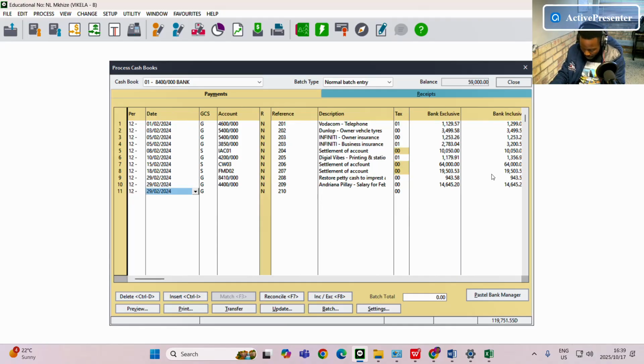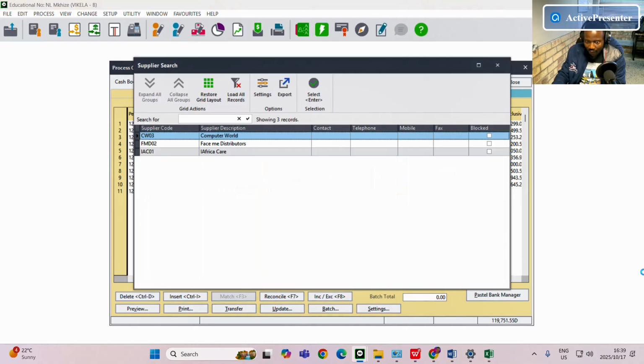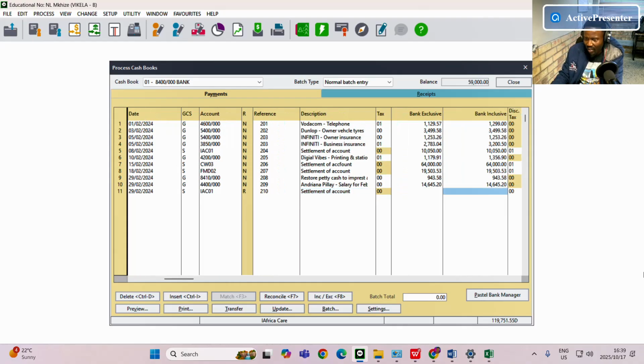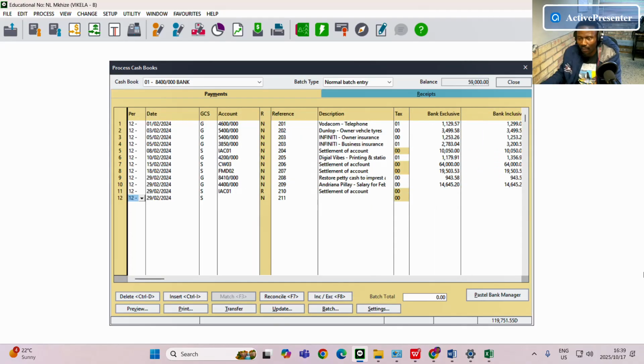And then the last one is on the 29th again. It's a supplier, I Africa or I Africa Care. Yes, it is 2010, settle account, so it's going to be settlement of accounts. Okay, guys, let me just move here because I'll have to close this and actually do the invoice.